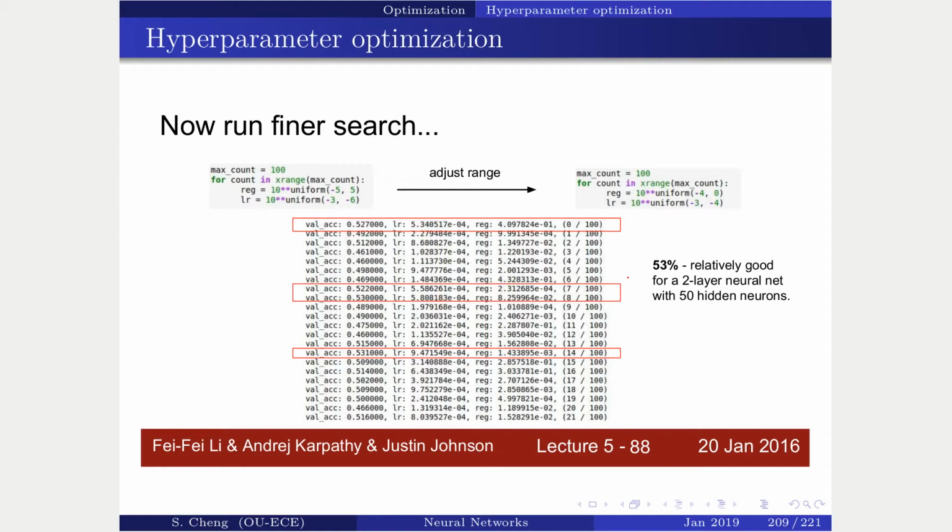So I guess in this case they are a bit satisfied with the range. They went from -3 to -6; maybe we can shrink it down a little bit to, let's say, -3 to -4. And for the regularizer, we don't need to go from -5 to 5, but just -4 to 0. Then try again.